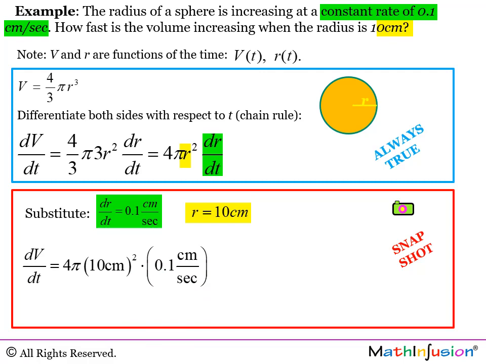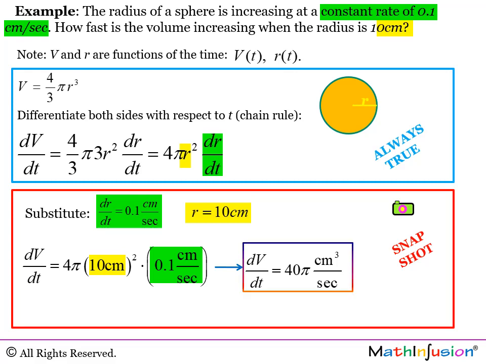We substitute everything in, and we get that dV/dt equals 4 pi 10 to the power of 2 times 0.1 centimeter per second. And we get dV/dt equals 40 pi cubic centimeter per second.